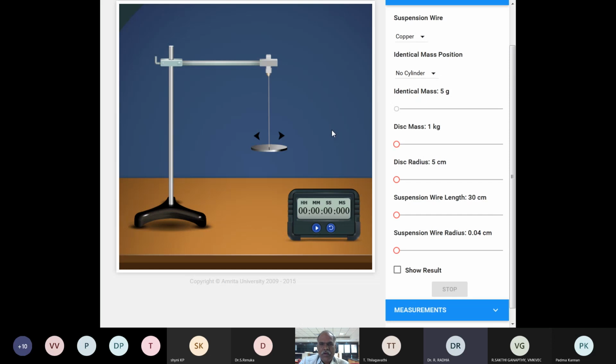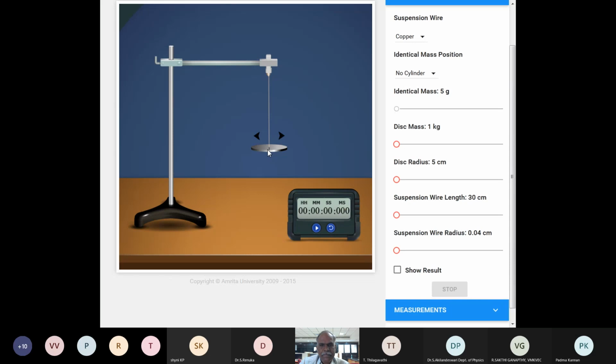So how do we perform the experiment? See the arrow mark. We have to click this arrow mark, so the pendulum oscillates. That is, we are twisting the pendulum, so it rotates or produces torsional oscillation. In this pendulum, a reference line is present.